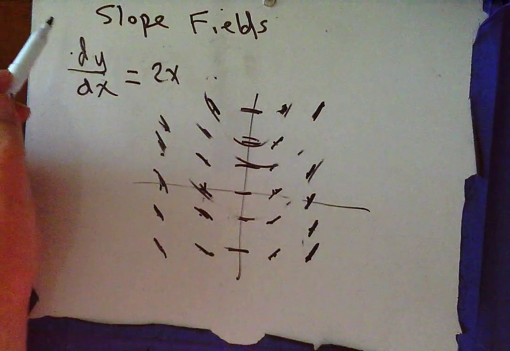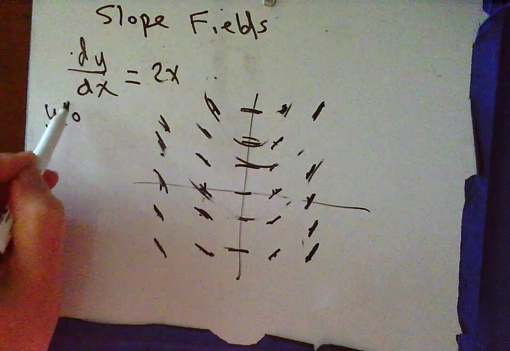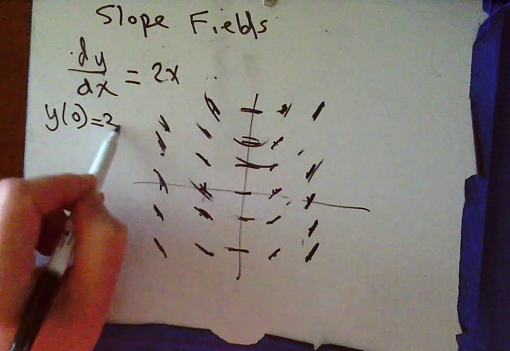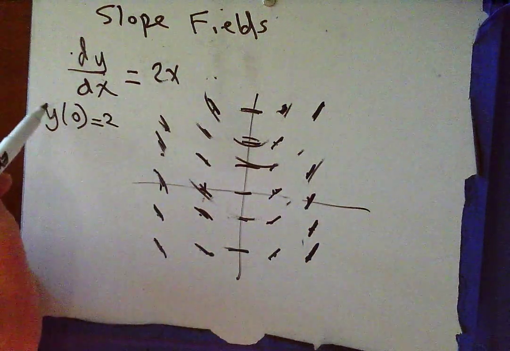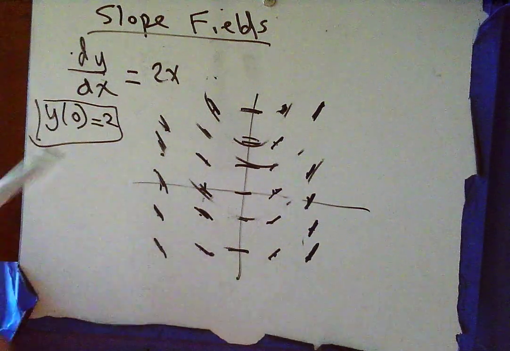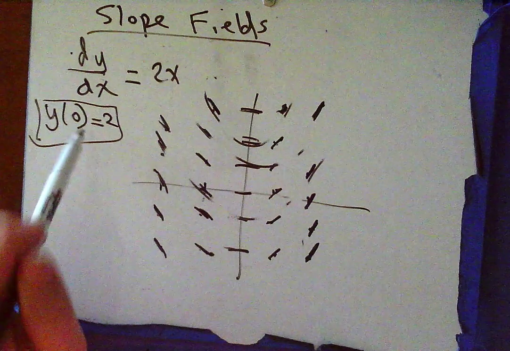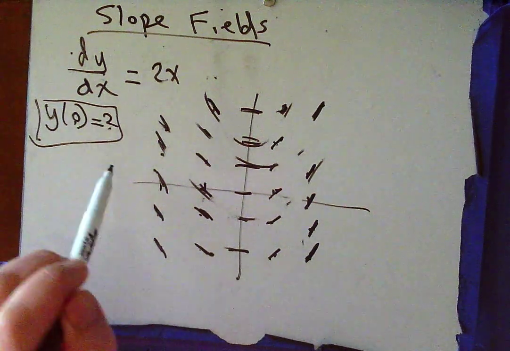In fact, we could be even given an initial condition such that y of 0 equals 2. So when we see that initial condition combined with make a slope field, what they want us to do is draw the specific parabola that passes through that ordered pair.